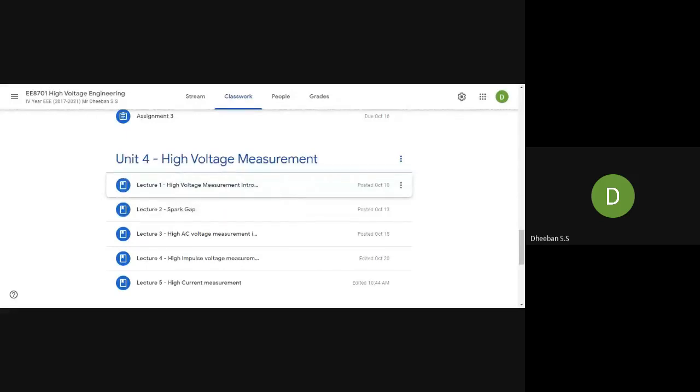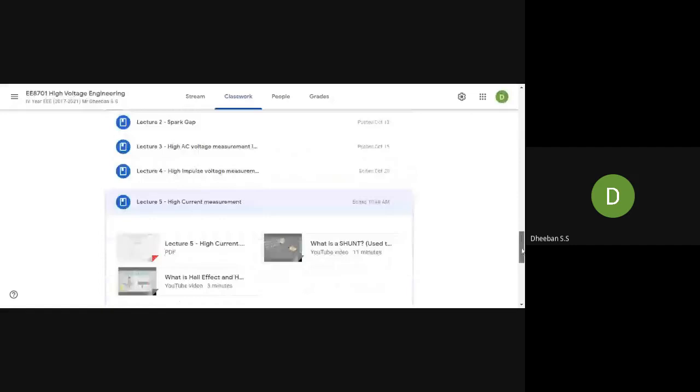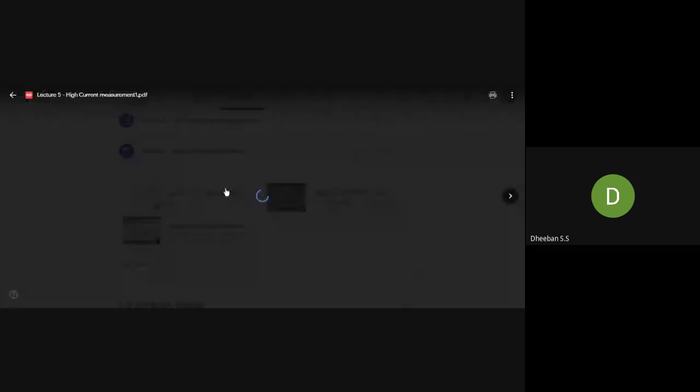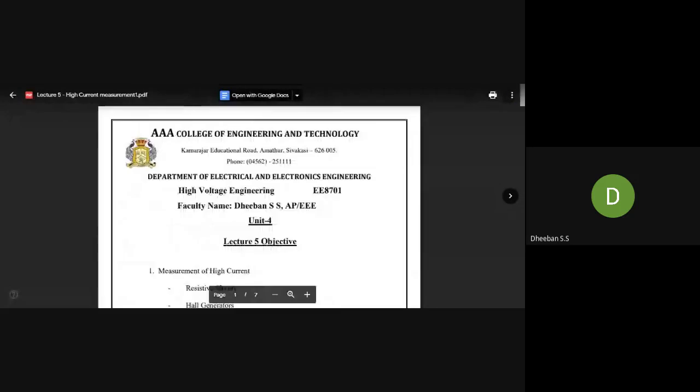Okay, so in this lecture 5, we will be moving to current measurements. In this lecture, we'll be covering the measuring techniques of high current.